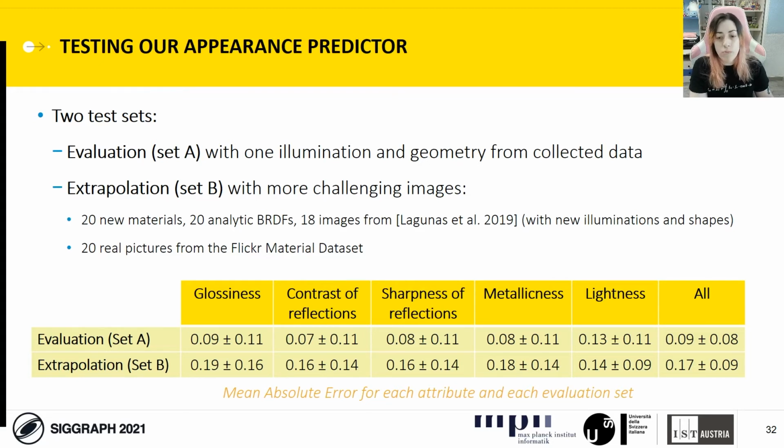Overall, our predictor performs well in predicting appearance from general 2D images, and we can see that the errors slightly rise for the extrapolation set, but this is mainly due to some failure cases that we have identified and we will discuss later.